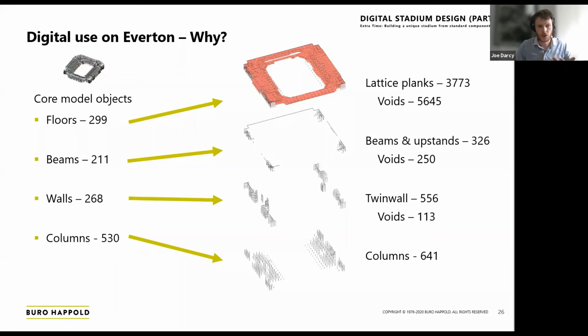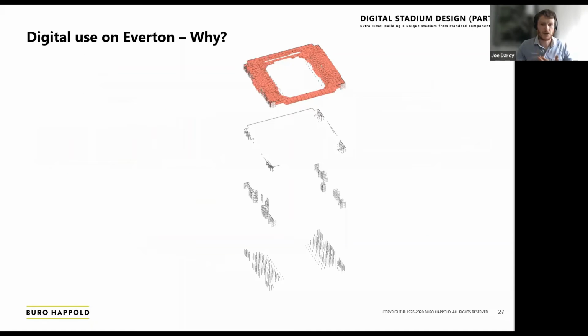Since we'd then gone through the process of creating all of these objects, it made sense to not just provide a dumb placeholder object to Laing O'Rourke, but to embed the rest of the design intent.